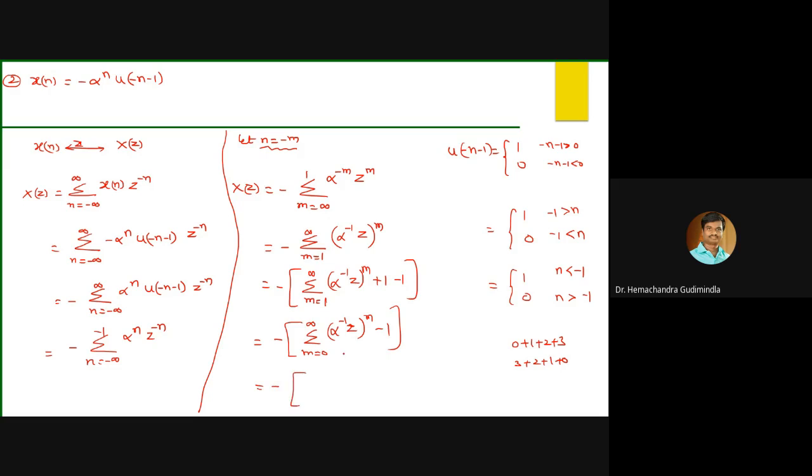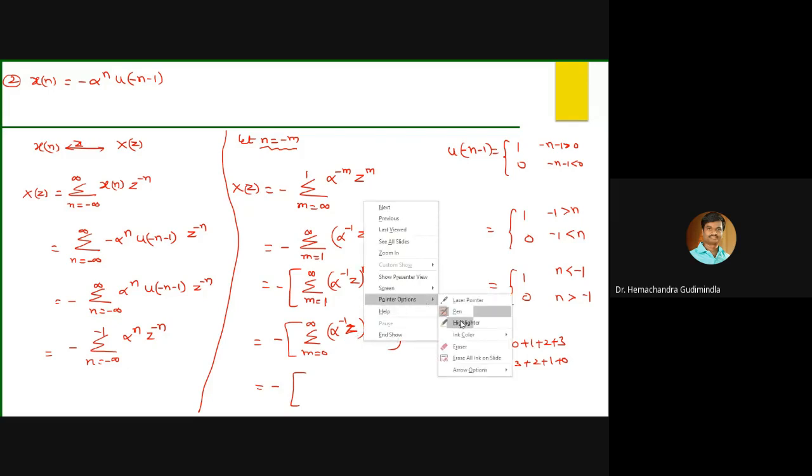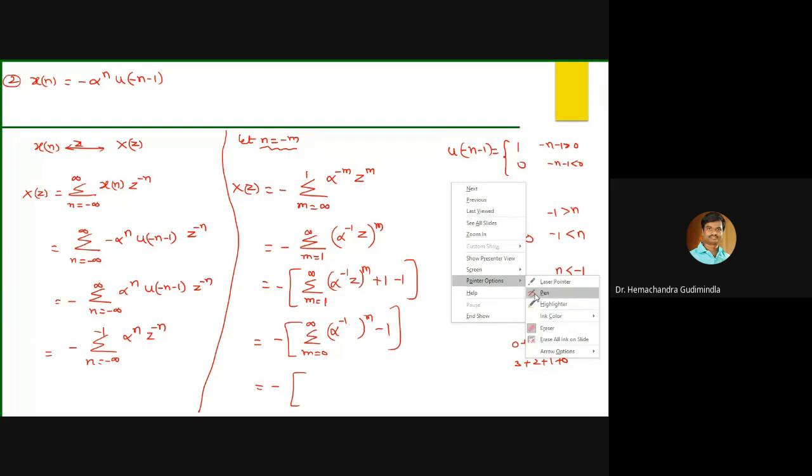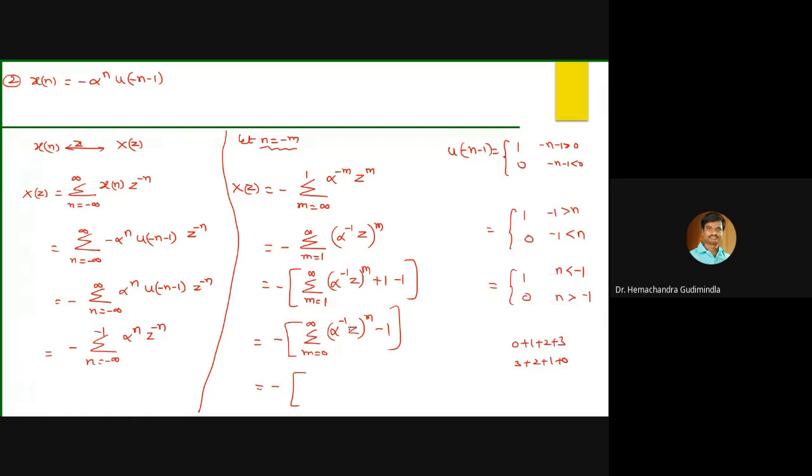Minus of what is the value you will get here? Alpha power minus 1 into z whole power m, alpha power minus 1 z whole power m minus 1. What you will get here? 1 by 1 minus alpha inverse into z minus 1.